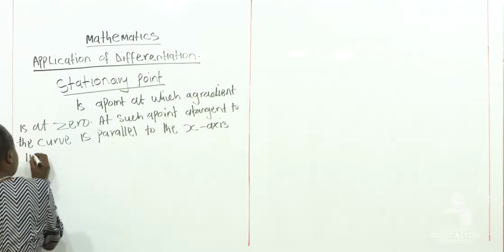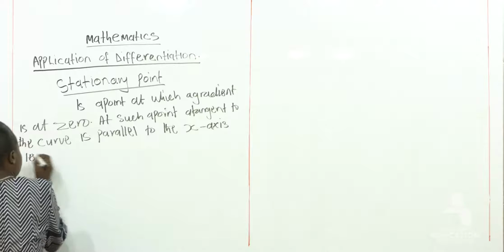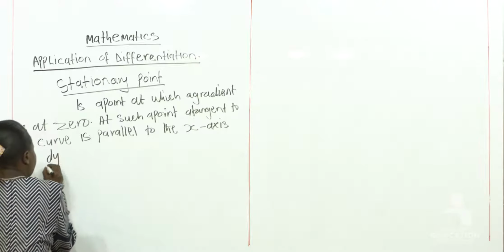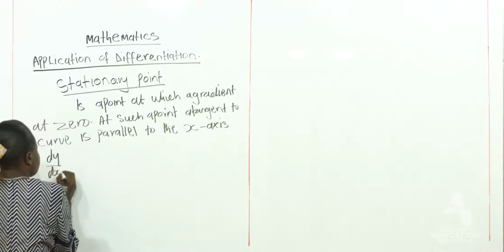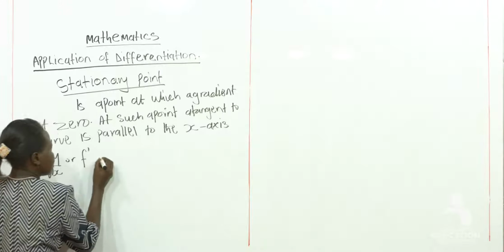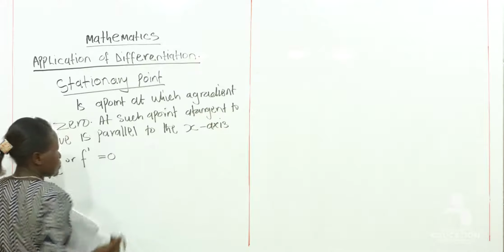That is to say, dy over dx, or f'(x), equals 0.